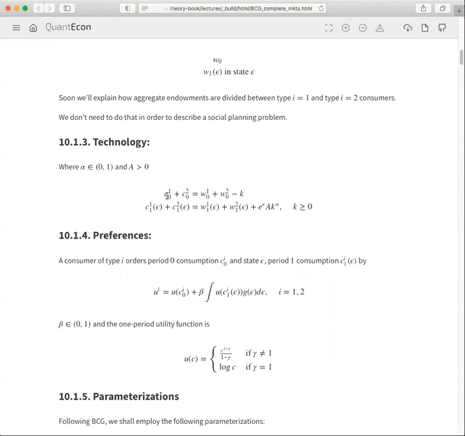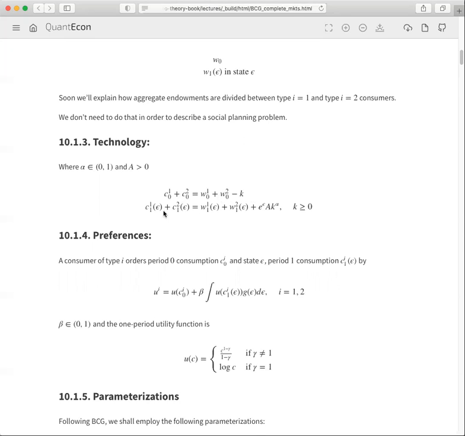So this is the consumption of the first person plus the consumption of the second person in time 0. And that can be equal to the sum of their endowments, dividing the aggregate endowment between those two, minus physical capital that's invested. So you can use the endowment either to consume or to invest.